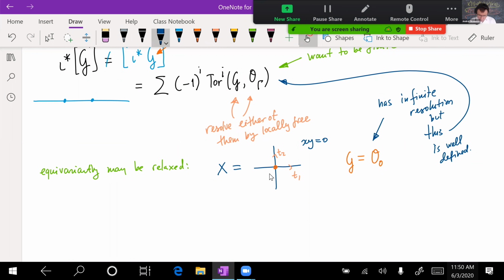So imagine I'm trying to pull back the origin to the origin. It means I need to find this resolution and then tensor it with the structure sheaf of the origin and see what happens. This is well defined, and the reason is that X can be contracted to something smooth.